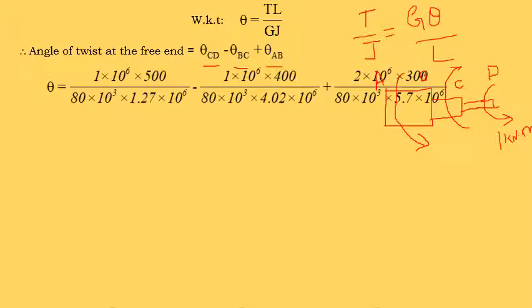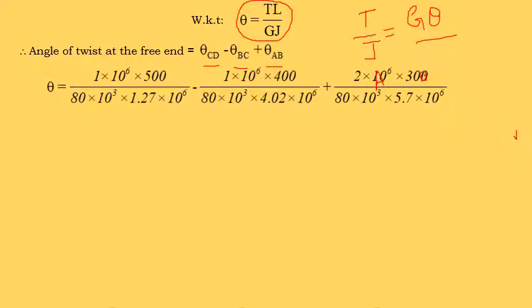Then by using this equation, we are going to substitute the values of T, L, G and J. For the first portion, the torque value is 1 into 10 to the power of 6, length is 500, G value is 80, and the polar moment of inertia J1 is 1.27 into 10 to the power of 6.